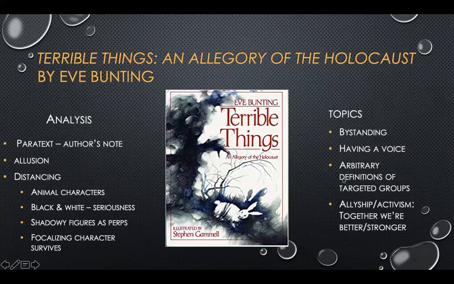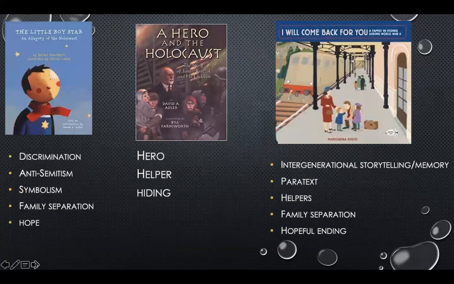So having a voice, bystanding, the arbitrary definitions of targeted groups. So the Nazis would just say, oh, you're feeble-minded, or you're a useless eater, or some of the terms that they would use. And anybody that they felt fit into that category, they could target for extermination. And then the point, of course, being that together we're better and stronger, and so not to be a bystander.